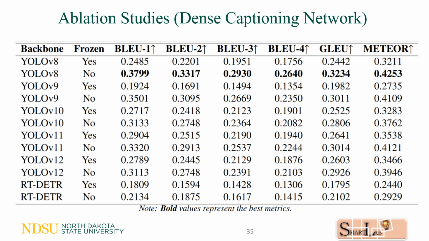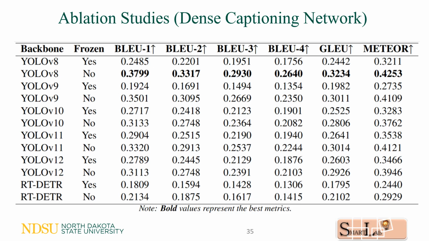For the dense captioning network, for the ablation, we examined different backbones and whether they were frozen or fine-tuned. So this table reports the BLEU, the GLEU, and the METEOR for various backbones. So we considered YOLO V8 through to YOLO V12, and we also considered RT-DETR, real-time detection transformers.